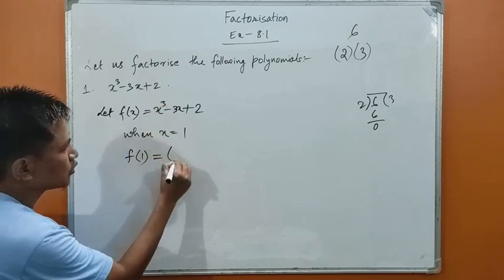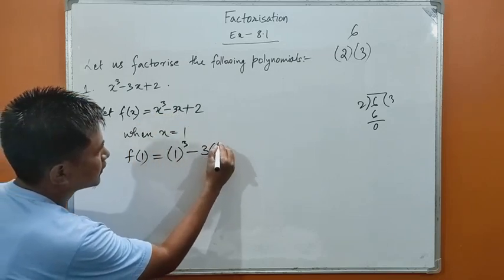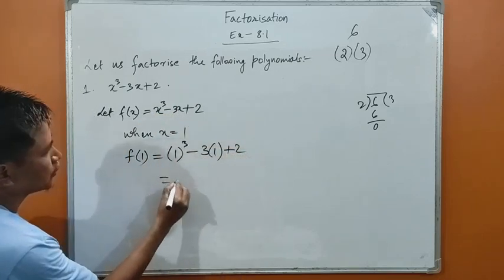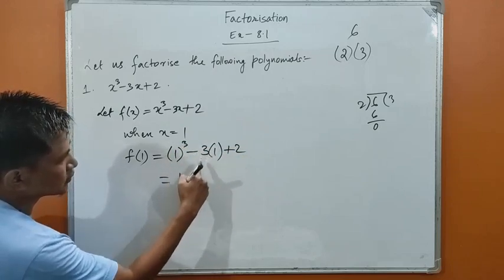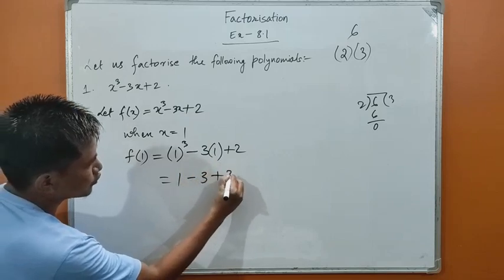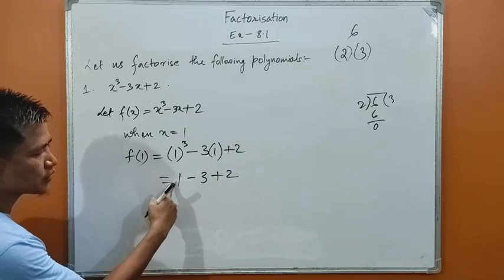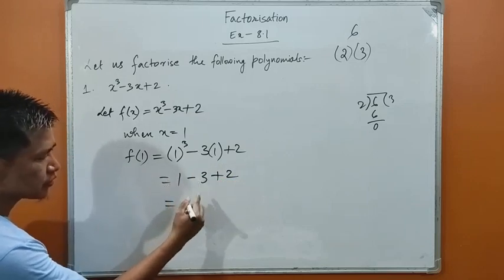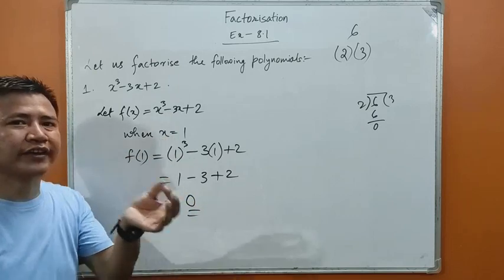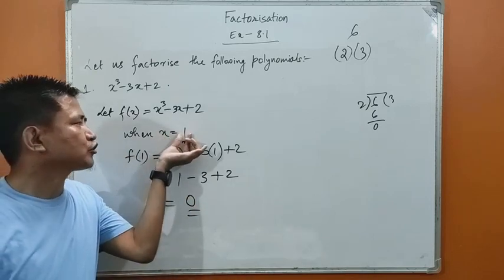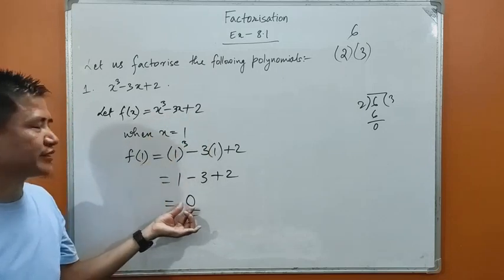So x cube means 1 cube, minus 3x means 3 into 1, plus 2. 1 cube is 1, minus 3 ones are minus 3, plus 2. Plus 2 plus 1 is plus 3, and that plus 3 minus 3 becomes 0, isn't it? So when we suppose the value of x to be 1, this expression became 0.